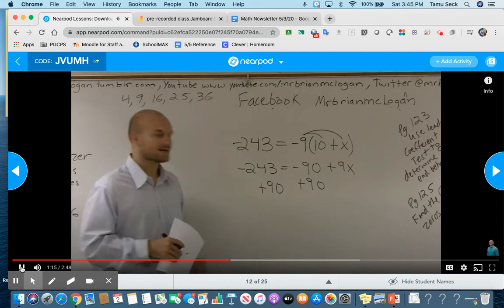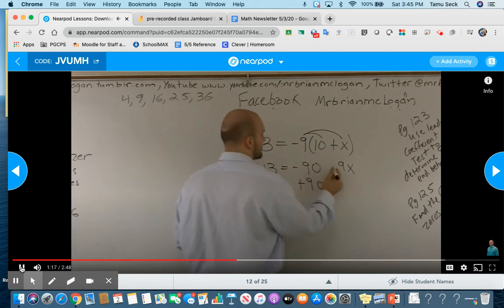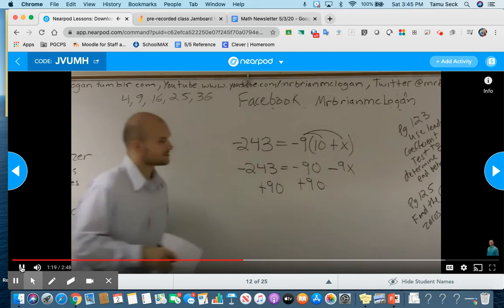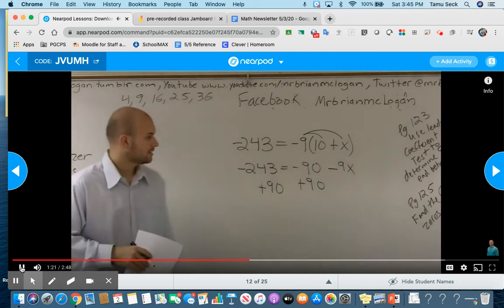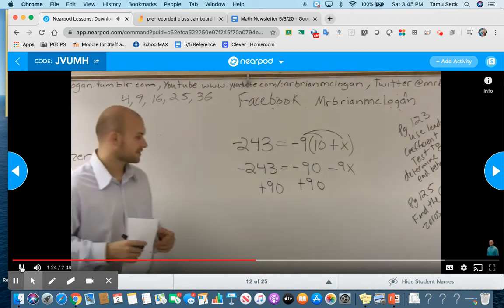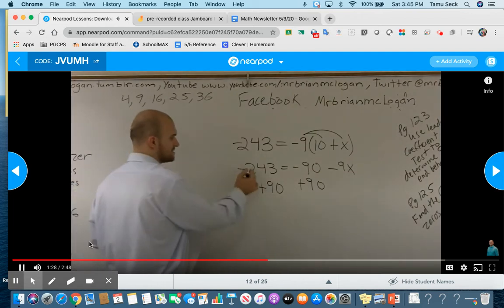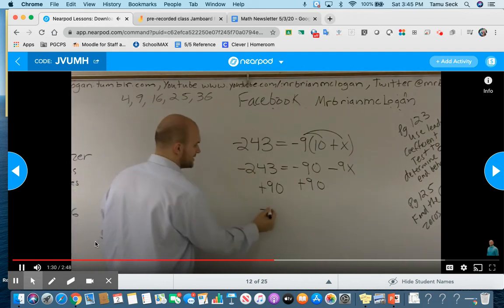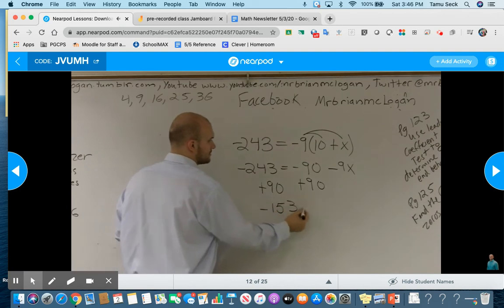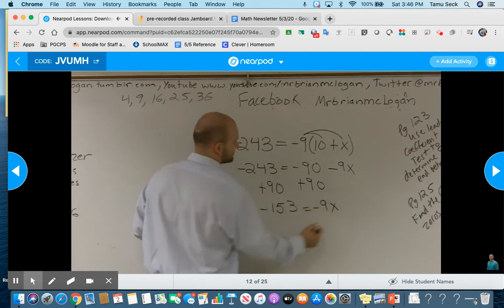Yes, it would be a constant minus 9x. Minus 9x. Okay? Then we're going to say this becomes negative 243 plus 90 is negative 153 equals negative 9x.